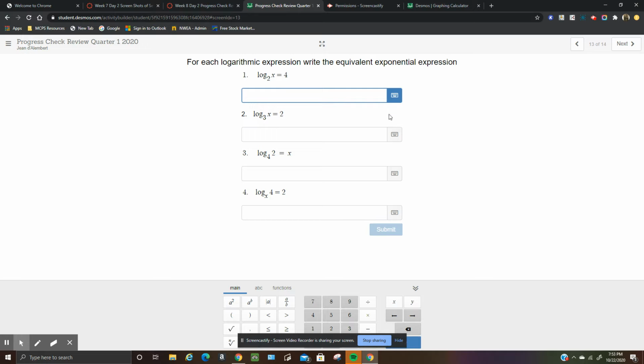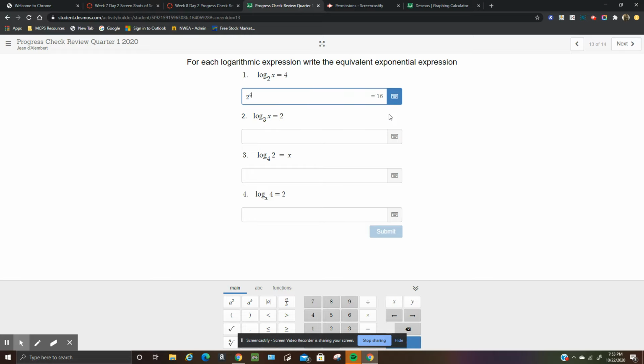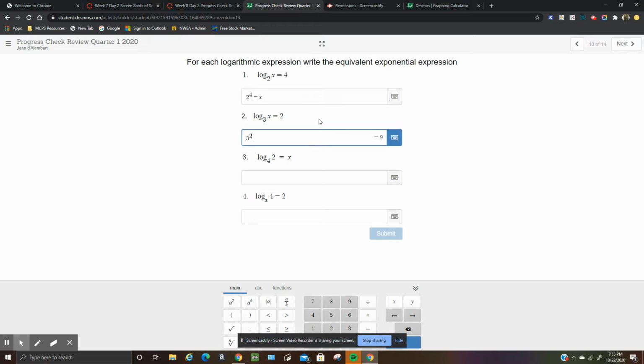So this one will be 2 exponent 4 equals x, so 2 is the base. This one will be 3 squared equal x.